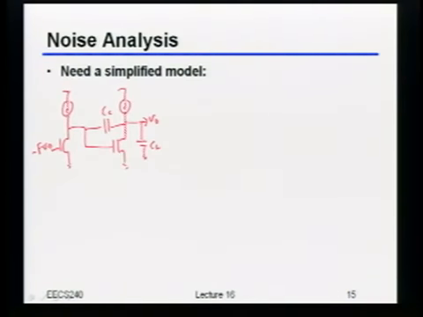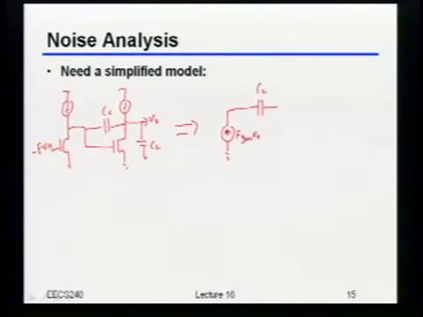As usual, the first thing you do if you want to do a noise calculation is draw the small signal model for this thing. Let's do that. Nothing too complicated there. I basically have F times gm1 times V out from that first stage. Then I'm going to have a CC right here.